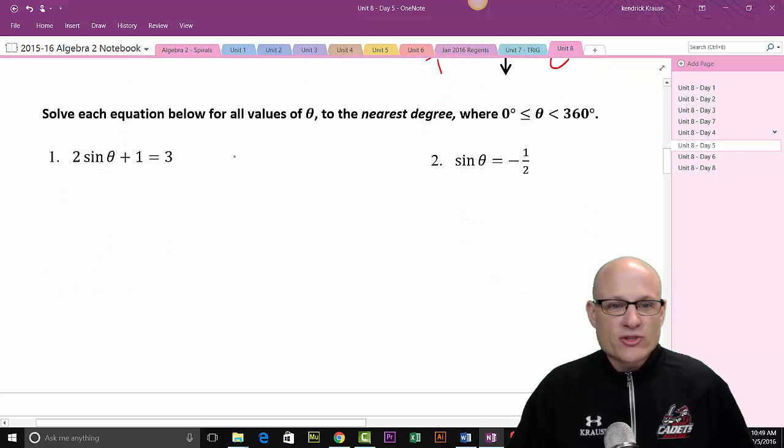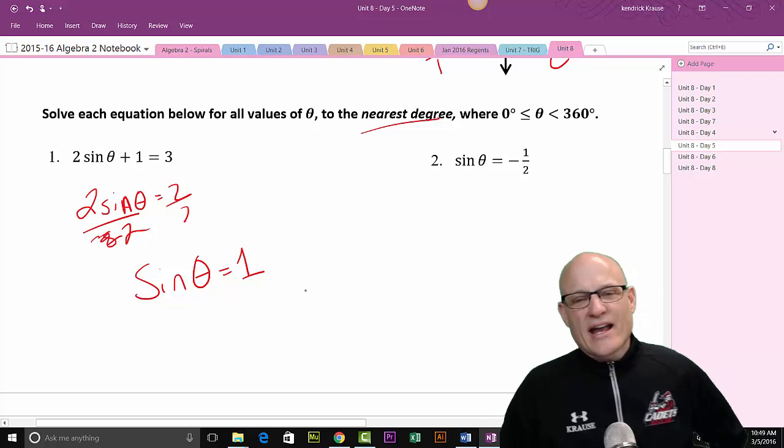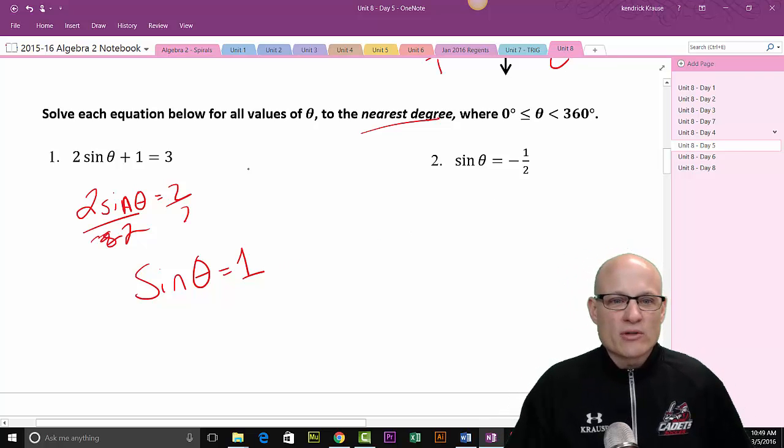We want to solve each equation below for the value. We're going to round to the nearest degree. So I'm going to bring the 1 over. So I get 2 sine theta equals 2. Divide by 2. So I end up with sine theta equals 1. Well, where does sine theta equal 1?